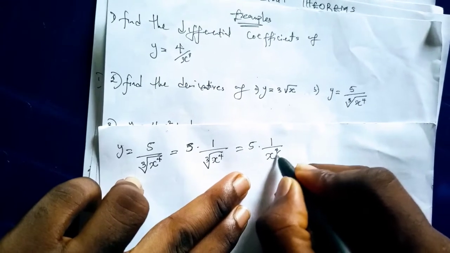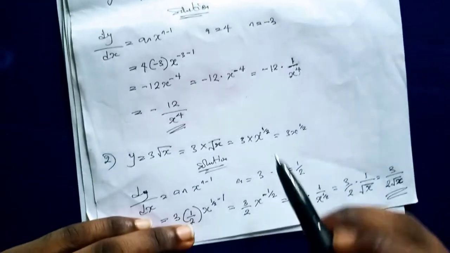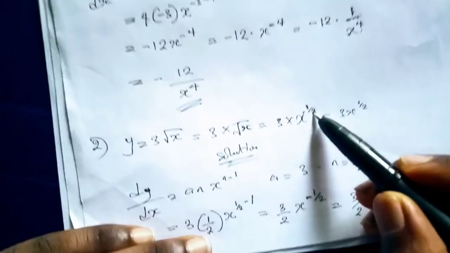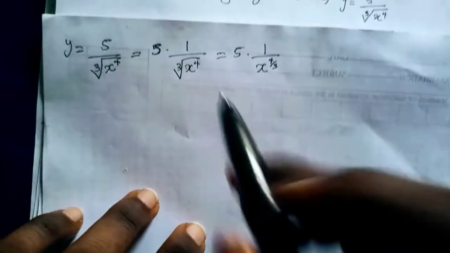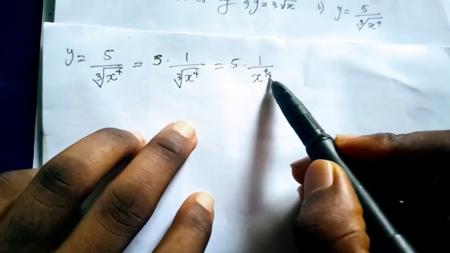And this is the same thing as saying 5 multiplied by 1 over x to the 4 over 3. Now, recall I said in this example here that this 1 is the power and this 2 is the root. So the same applies here. This 4 is the power and this 3 is the root.